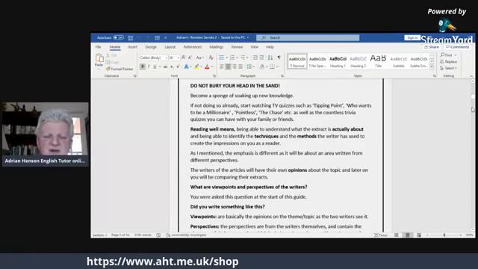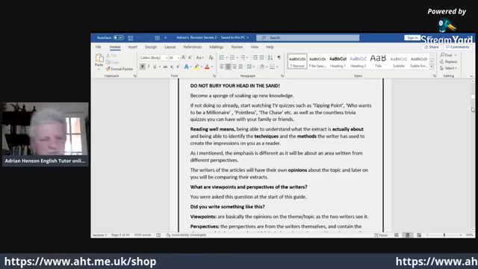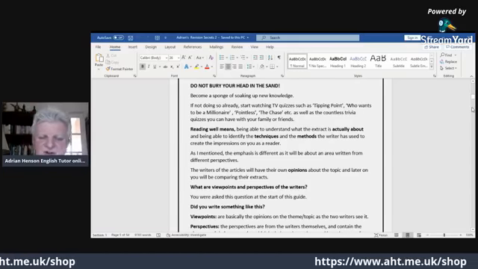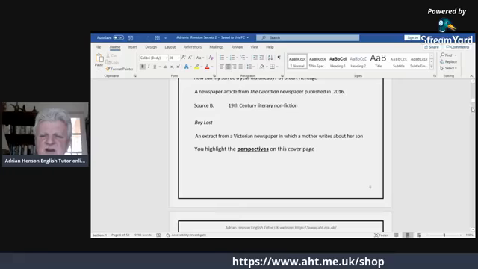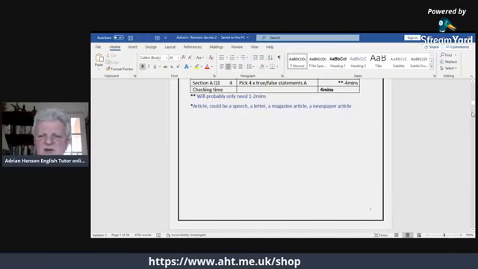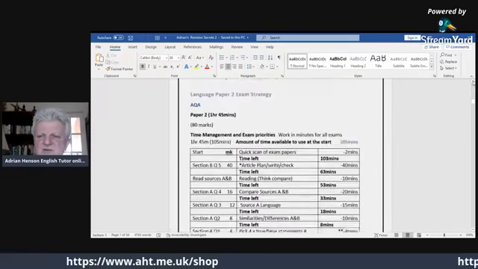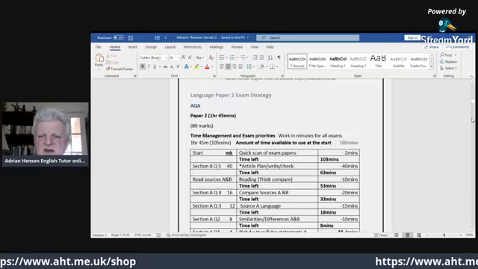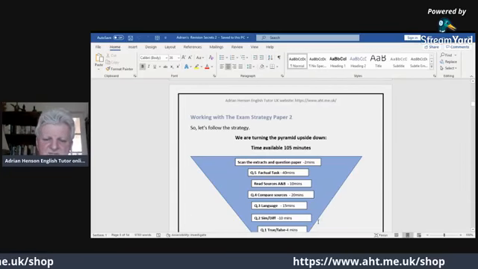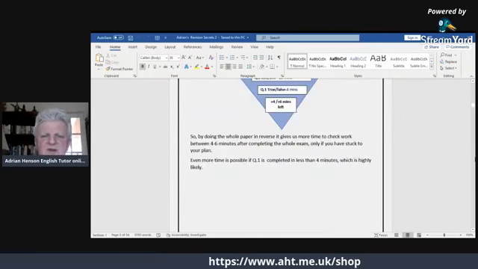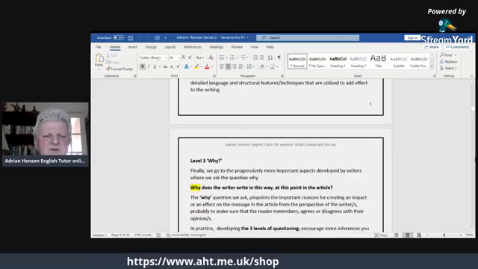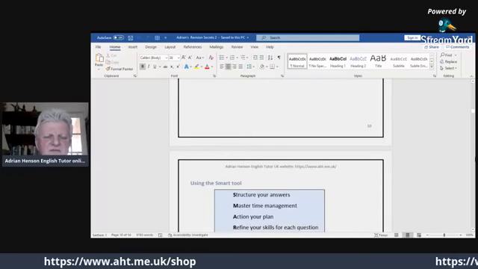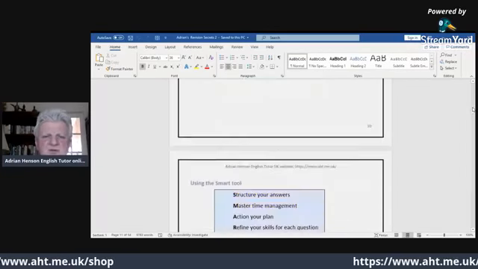and to start developing, for instance, things like your general knowledge, which isn't really taught. And then as you go through, there's an exam strategy, which is time-based, etc. So it's a booklet that then goes through each element of what you should do.